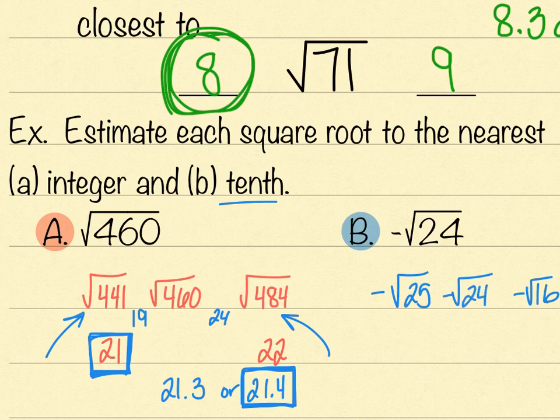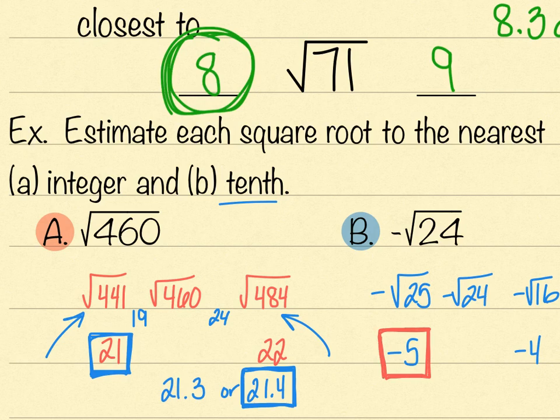That's because I'm on the negative side of the number line, and there, negative 5 is smaller than negative 4. Clearly, the negative square root of 24 is much closer to the negative square root of 25. So when it says round to the nearest integer, it's clearly going to be closer to negative 5.